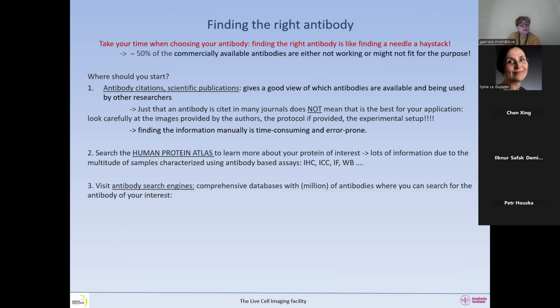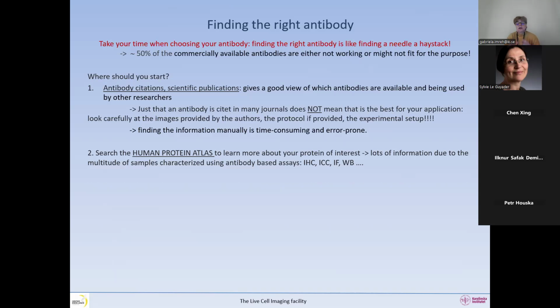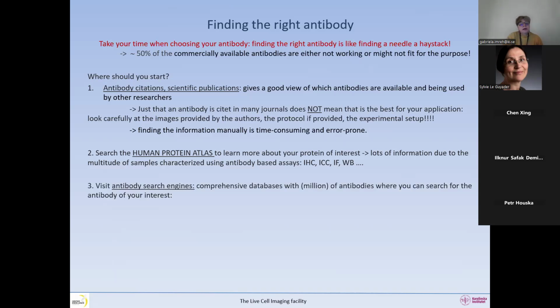So it will give you a very good idea of what your protein is, how it should look in different assays, and how they perform these assays, so you can continue searching for your antibody.